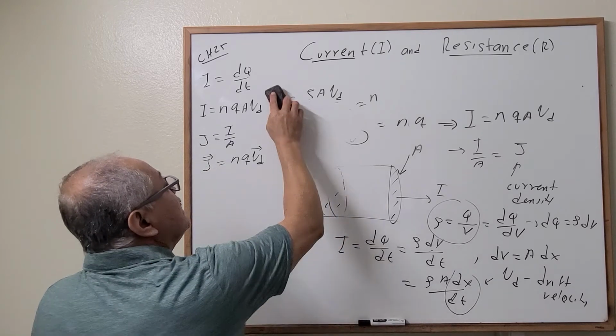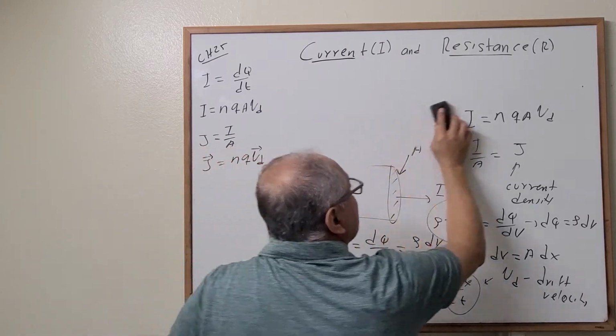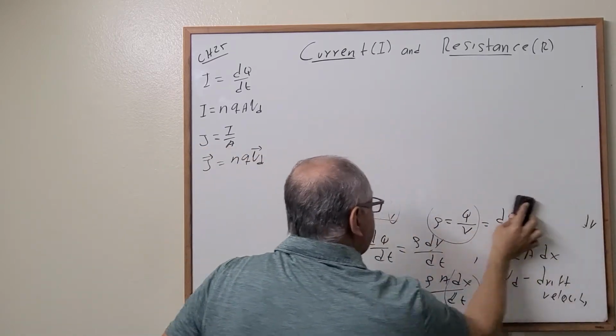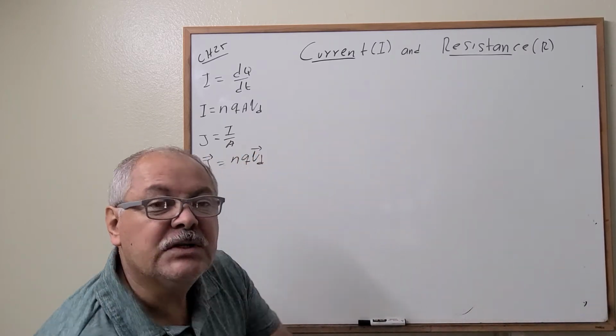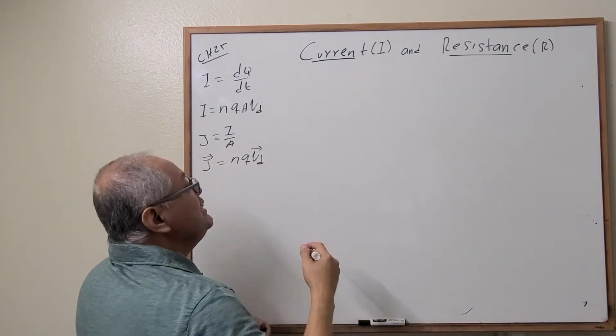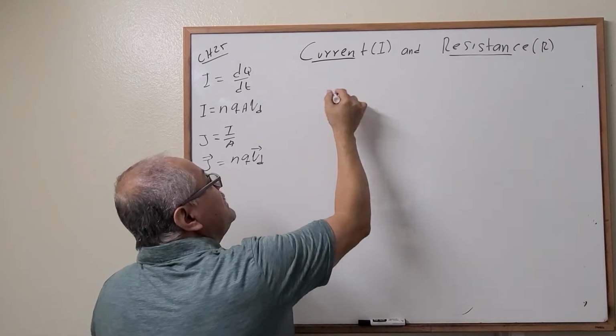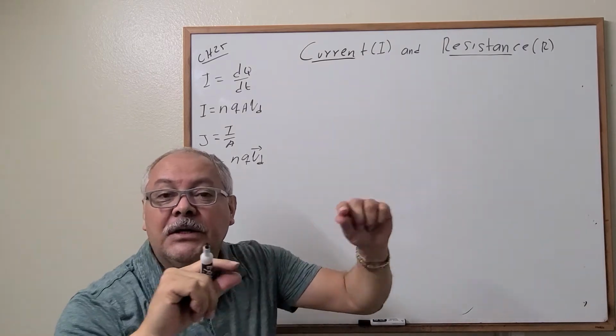The next topic is going to be resistance. The symbol of resistance is R. Let's try to create a formula. Imagine that we use water. Let's compare this current with water.